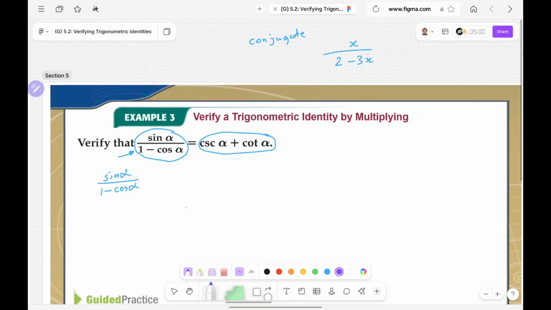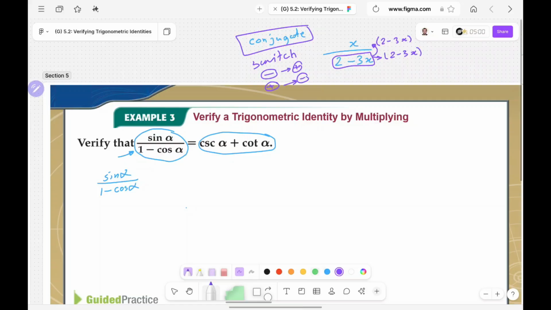You look at the denominator and multiply the numerator and the denominator by it, but because we call it conjugate, we switch the sign. Always switch the sign. If it's negative, it becomes positive. If it's positive, it becomes negative.